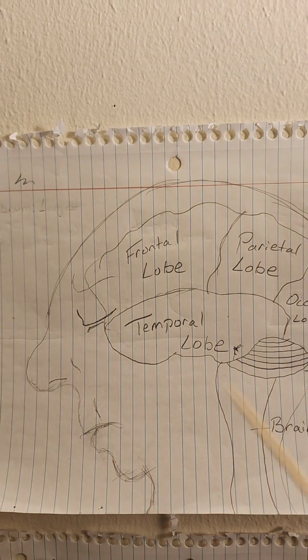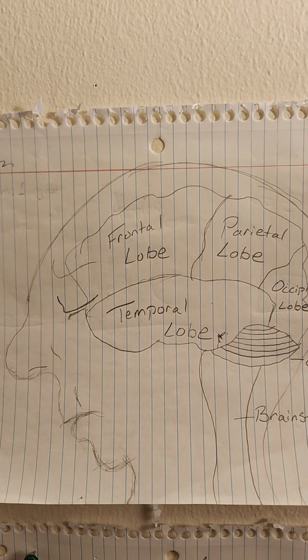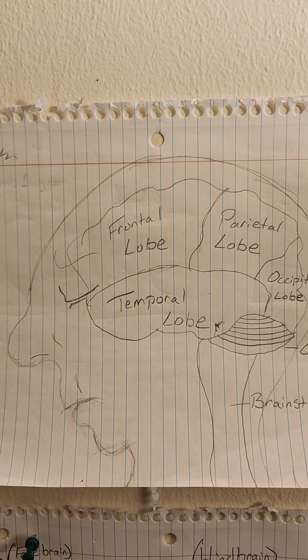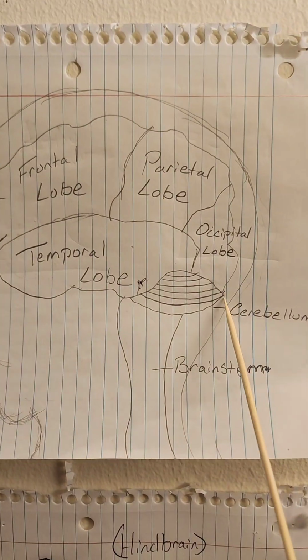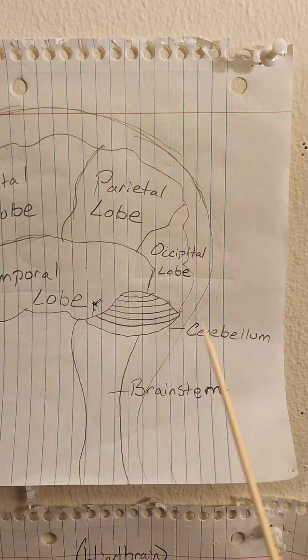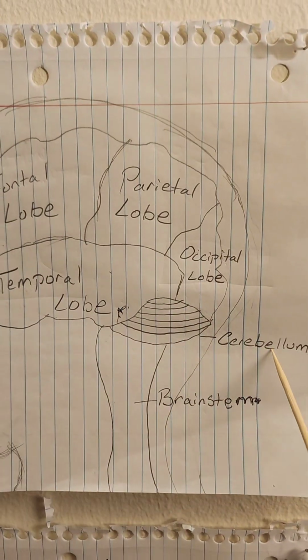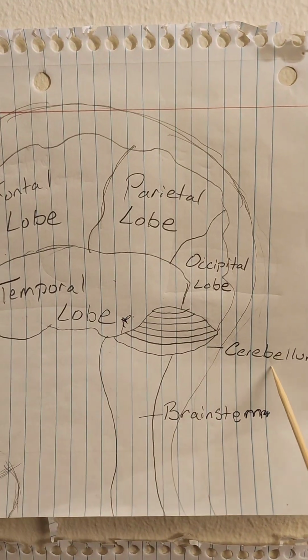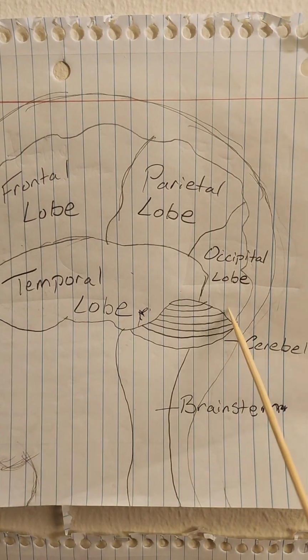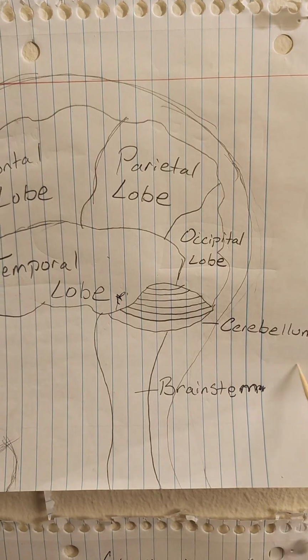And then on the inside, you can't really tell, but there's a space called the insula, which is responsible for emotions and taste. And then we have the cerebellum, or the hindbrain, which would be the cerebellum and the brainstem. The cerebellum is located at the back of the brain, below the cerebrum, and it's responsible for muscle movements, coordination, balance, and posture.